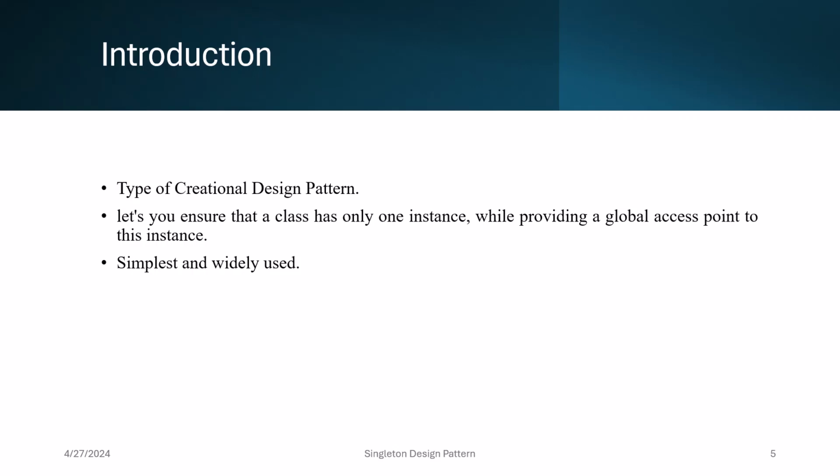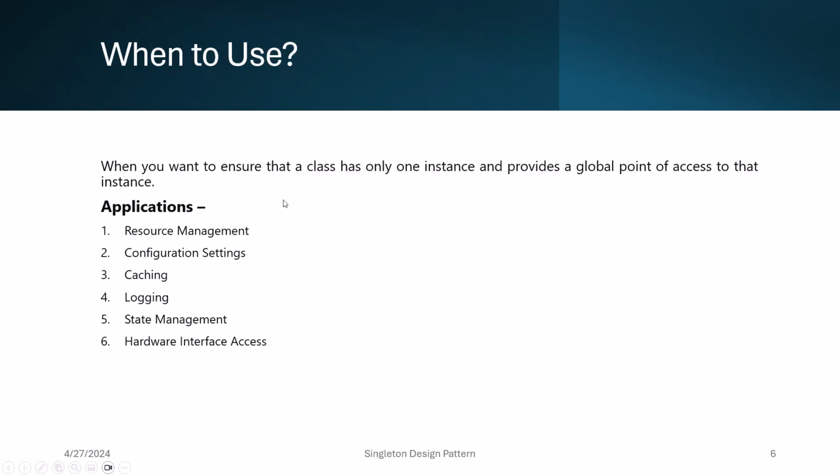That's why it is named singleton. And this class provides a way to access its only object, which can be accessed directly without the need to instantiate the class. Let's go to the next slide.